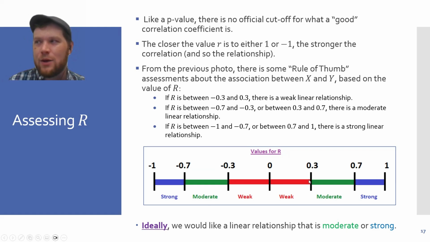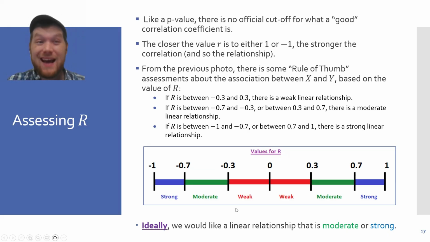There's not a lot going on there. So we want something typically beyond 3/10 in either direction. If it's between about 3/10 and 7/10, either -0.3 to -0.7 or +0.3 to +0.7, we have a fairly moderately strong, generally okay linear relationship.